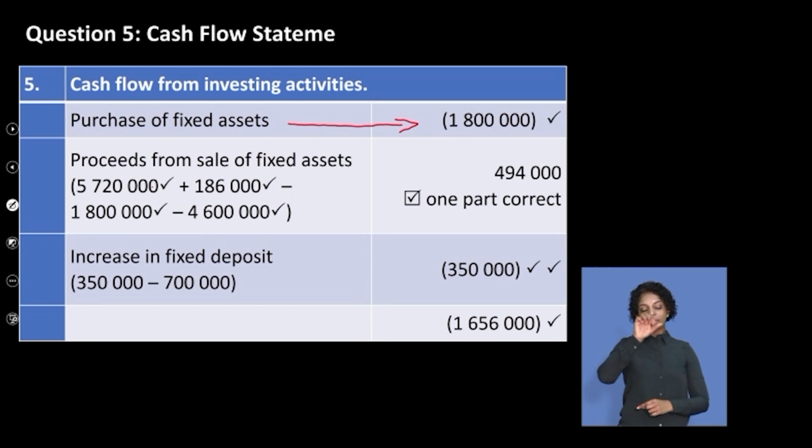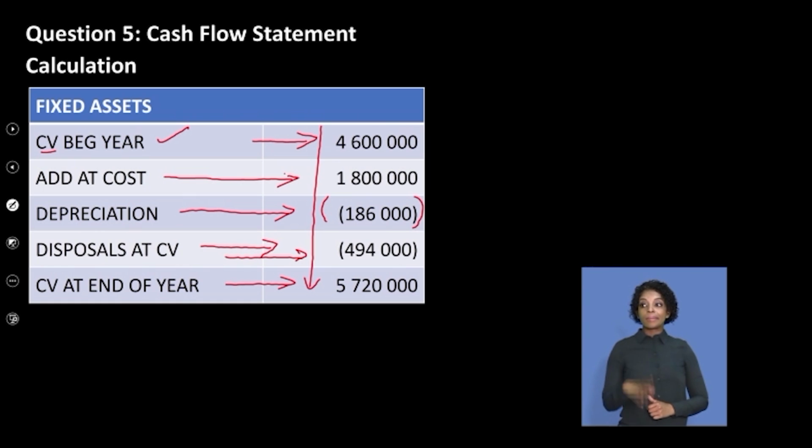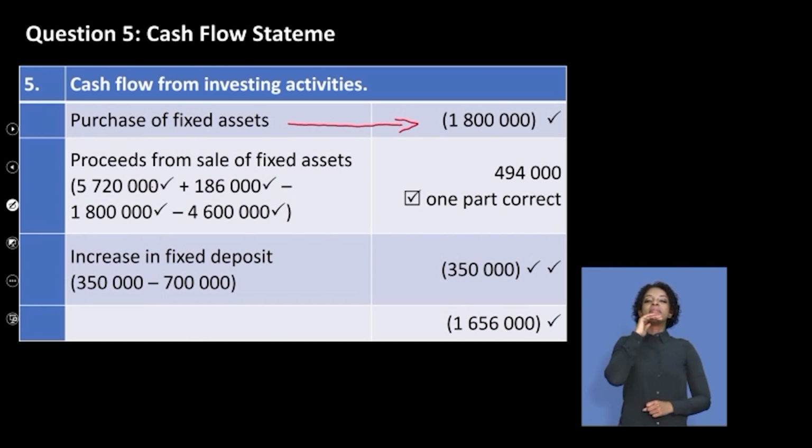Let me remind you once again, here, can you see, although you're subtracting working downwards, when you're working from bottom to top, it's the reverse operation. Clearly you can see that illustrated here for you. Plus the 186,000, minus the 1,800,000, minus the 4,600,000 to give me that 494,000 that I was looking for in terms of the proceeds. Remember, that was what the tangible assets were sold for.